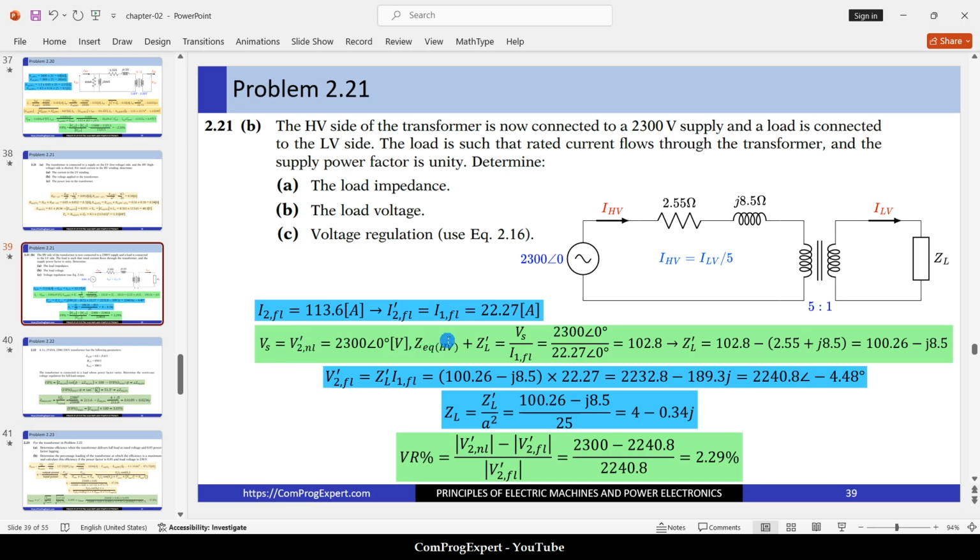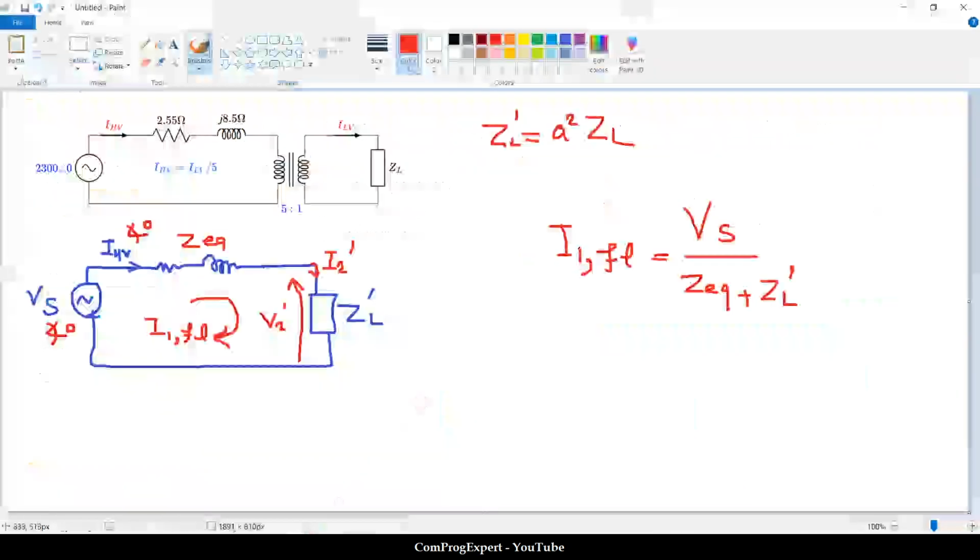So this is the procedure for calculation of the ZL. Here, as you can see, this fraction, Vs divided by I1 full load, is equal to 102.8, and this is the value of the ZL prime. We can also calculate the actual value of the ZL using this equation.